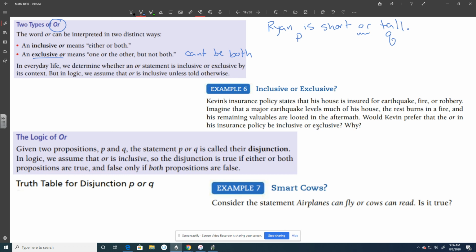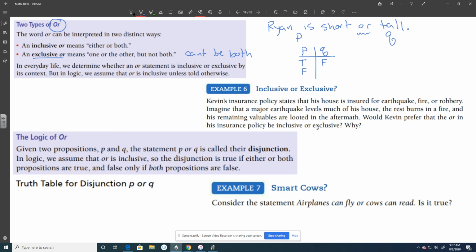But it kind of has to be taken into context, because if I look at this question, Ryan is short or Ryan is tall. If I look at that statement, proposition, the first one, Ryan is short, that could be true, but it could also be false. And if I look at him being tall, if Ryan is short, then that means that Ryan is not tall.